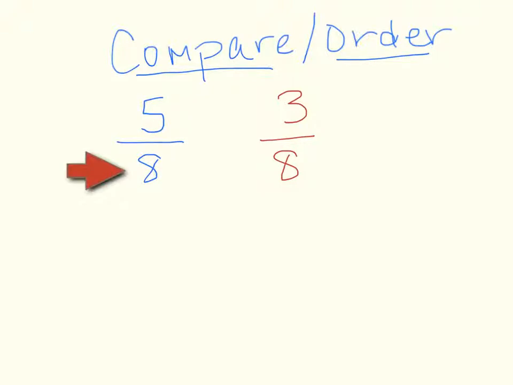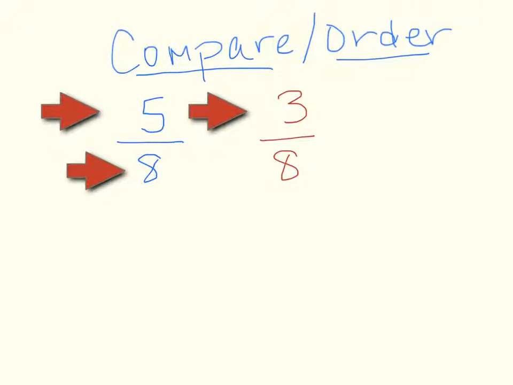Okay, when you have the denominators that are the same, these denominators are both 8, so there's an equal number of parts. So all you need to do is look at the numerator, and we'll look at the numerator for both fractions, and it will tell us which fraction is bigger.